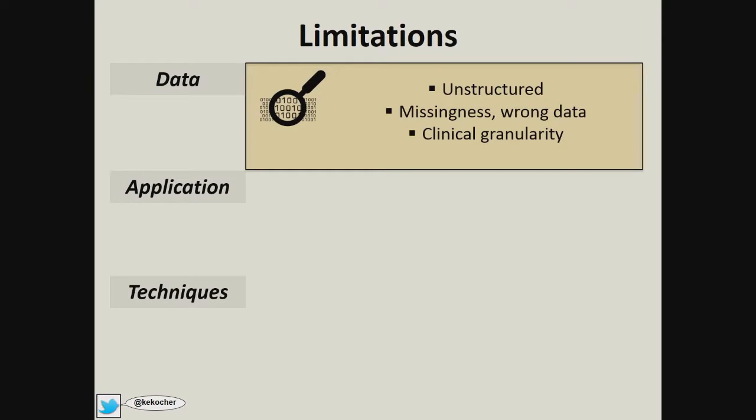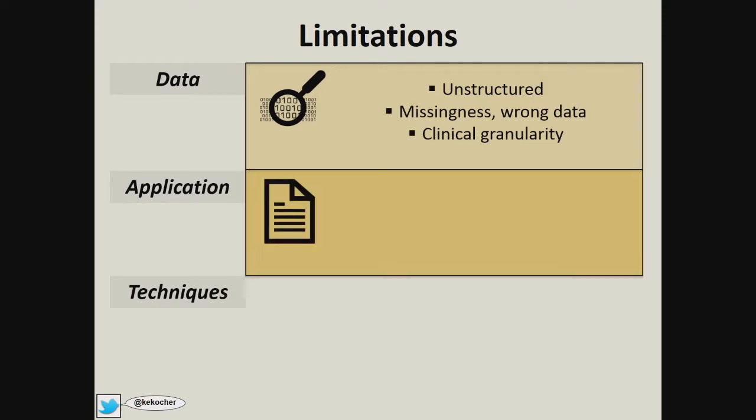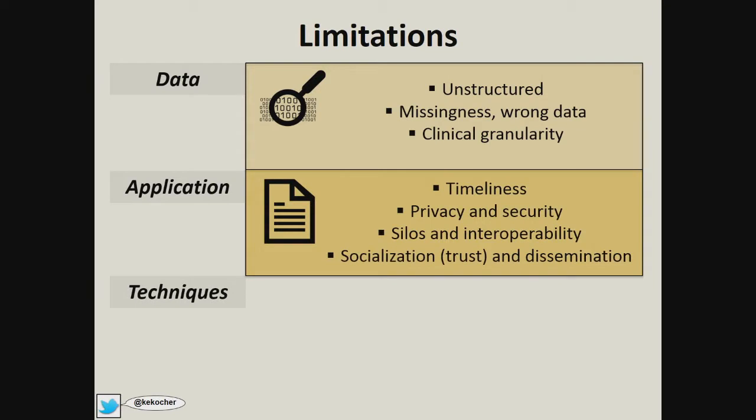So for those that use data regularly, there are problems with missingness and wrong data. I think that's pretty obvious for probably lots of people here. As you start thinking about linking across data sets, you're talking about breaking down silos of where these data sit, and then you confront problems of data security, particularly if you're talking about protected health information, interoperability, and privacy.